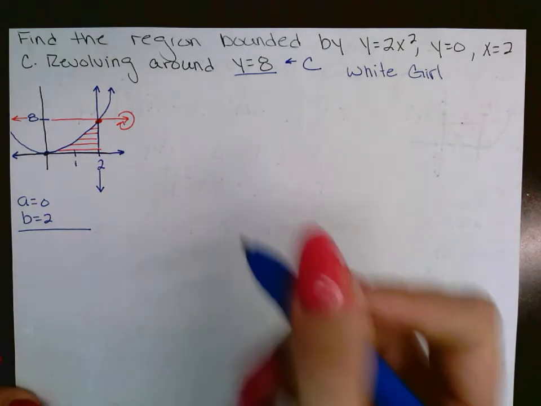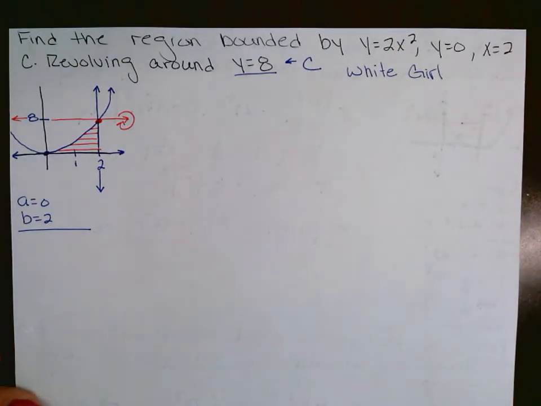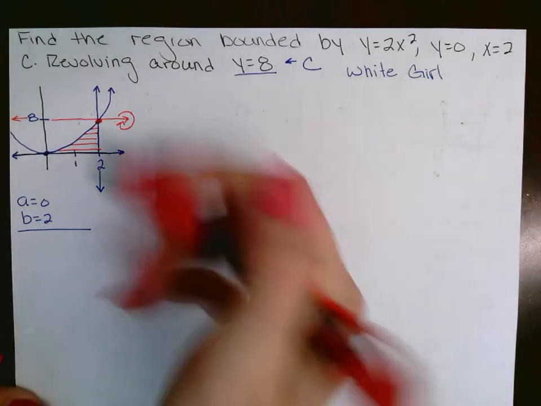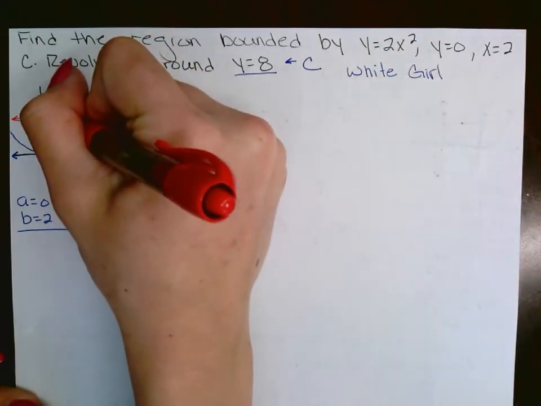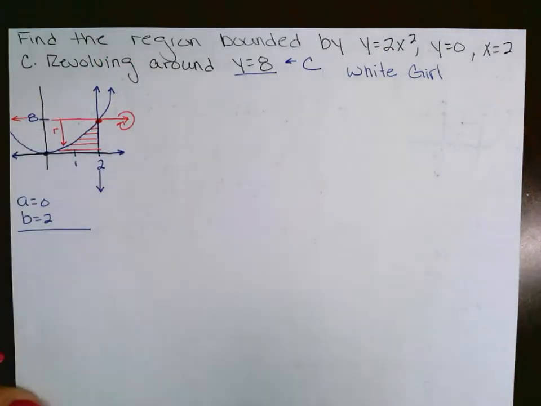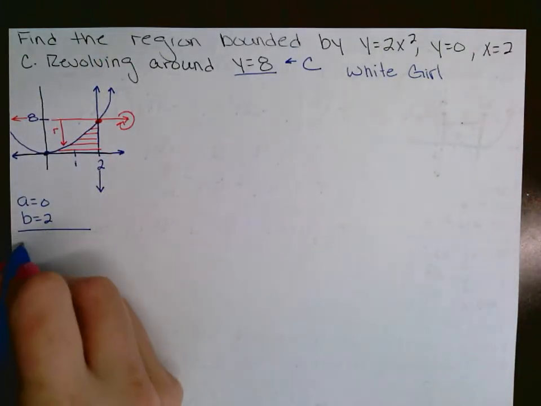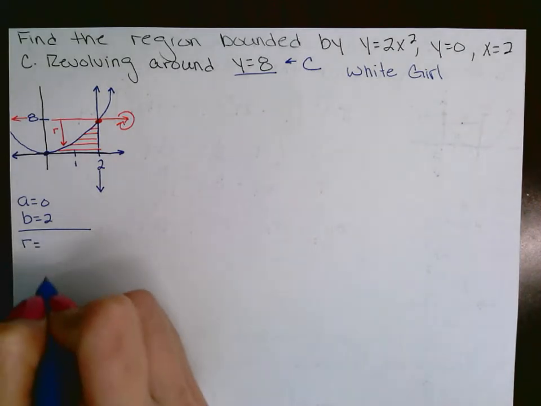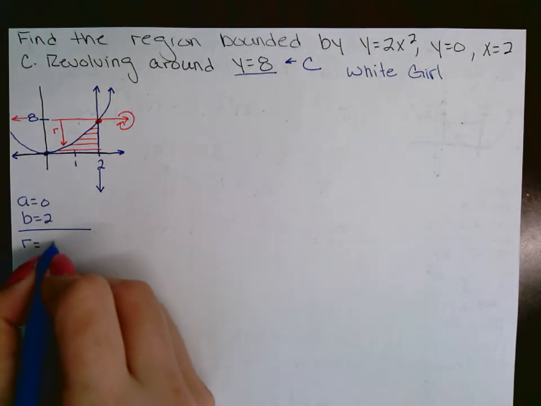So now, if I put my pencil on the line of rotation and I start drawing downward towards my bounded region, which is the first function that I hit? The parabola. That's the closest one. That is my r. My lowercase r, I'm sorry. So my lowercase r is my parabola.